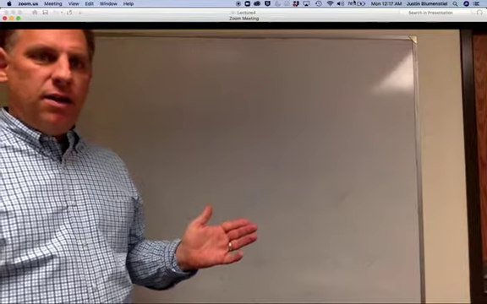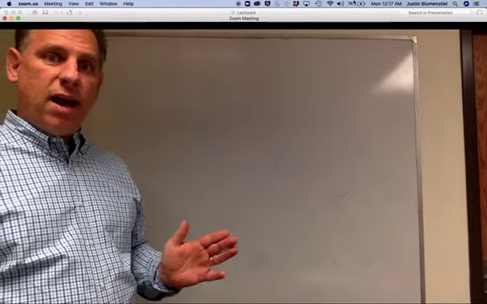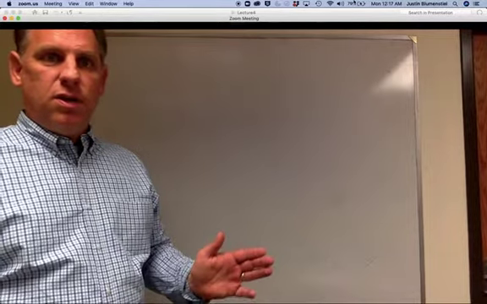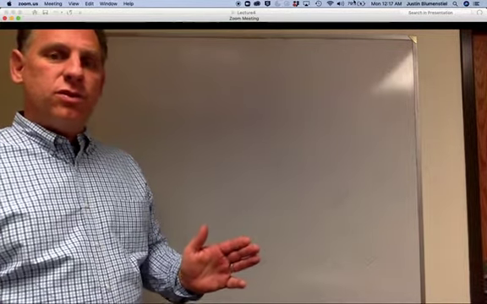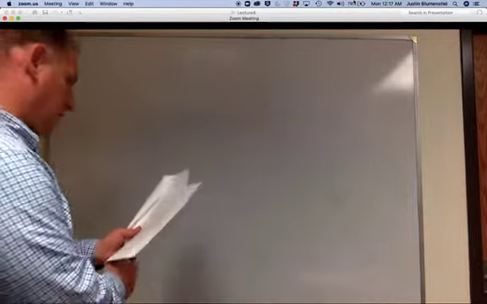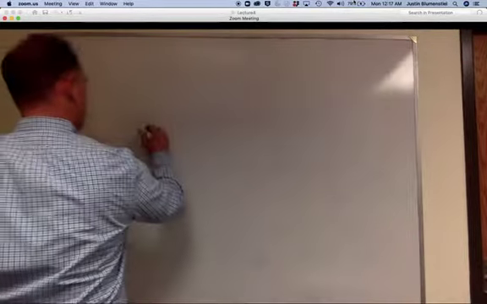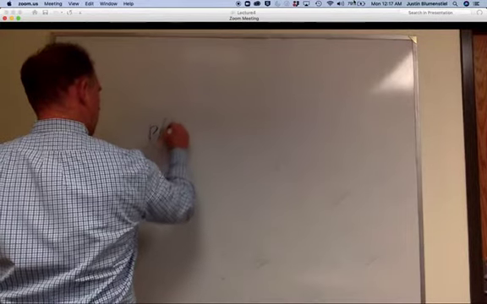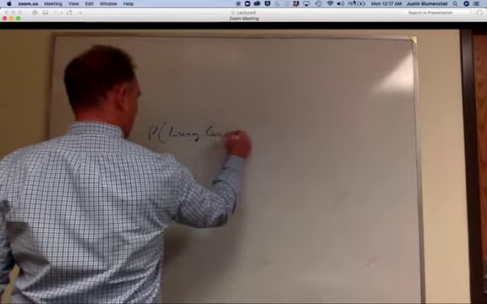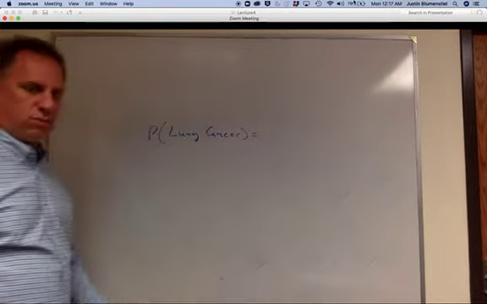Because of that, you can break down the probability of just getting lung cancer in general into 2 separate subpossibilities. And you can basically say the following, and this is using the law of total probability.